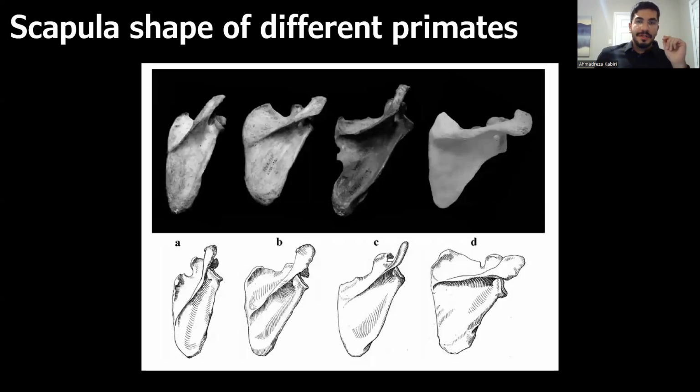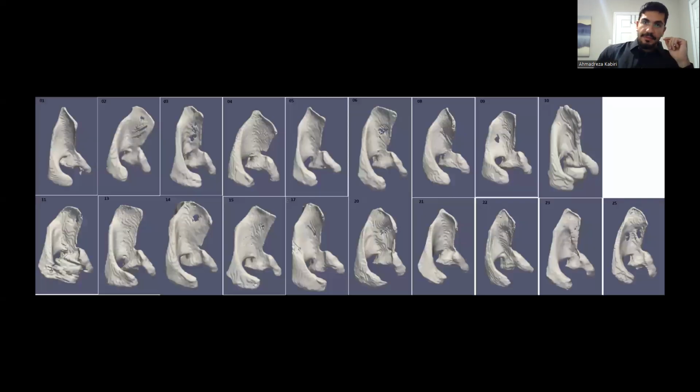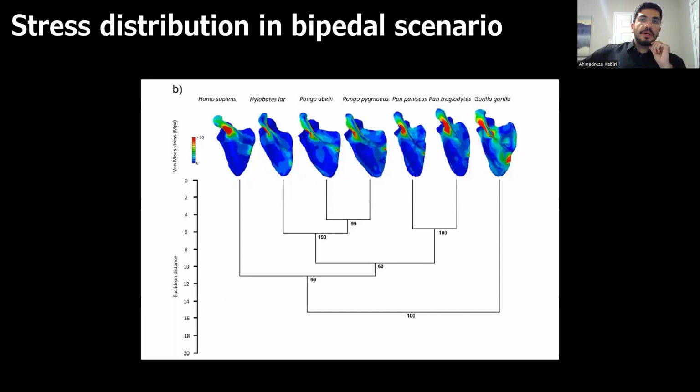Also, this was another cool study of scapula shape and evolutionary study, and this was the scapulas that I created from the CT images of our patients, and I also found a study which was very interesting.